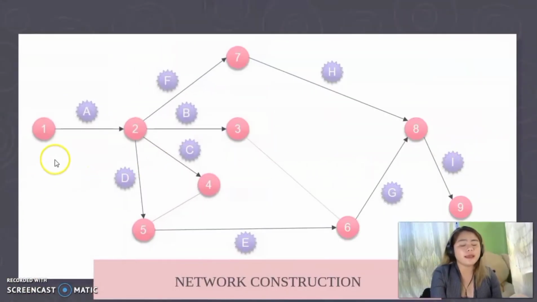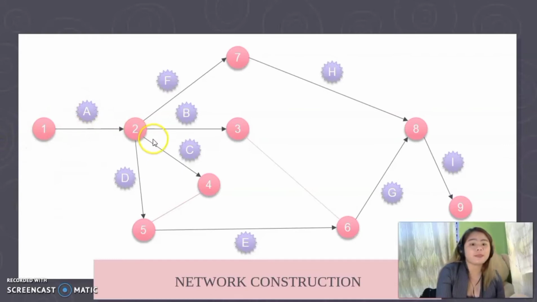As you can see, there is an activity which starts in the same node here, but it ends with different nodes. So again, there will be no two activities that start with the same node and end with the same node.